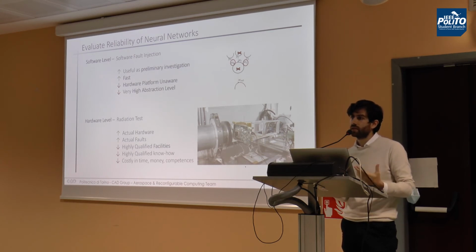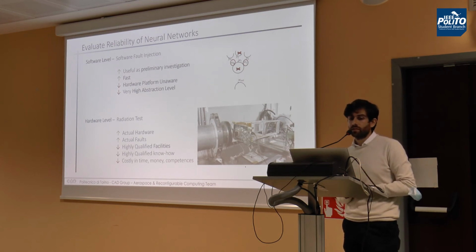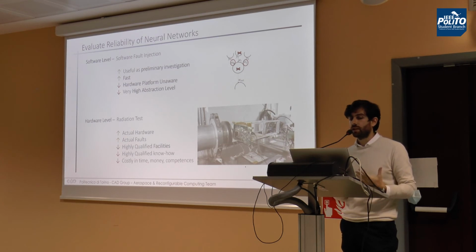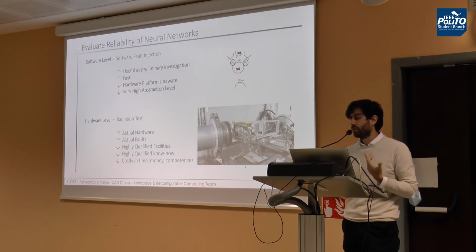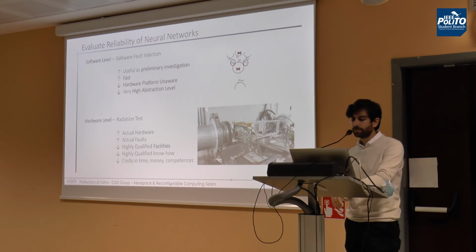It is very fast and very easy, in the sense that I don't need too much equipment to do it. And then there is the radiation test, which basically uses the real hardware in a radiation facility, where I use a radiation ray to create errors inside the device.